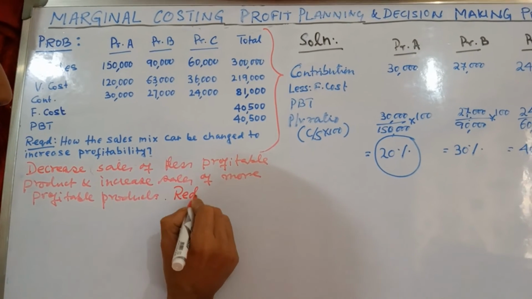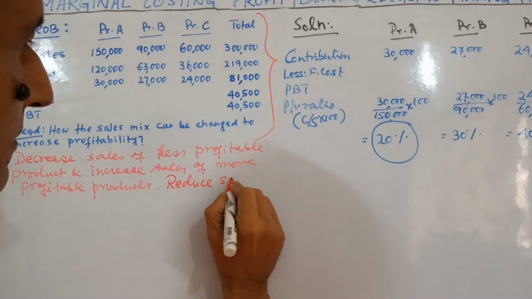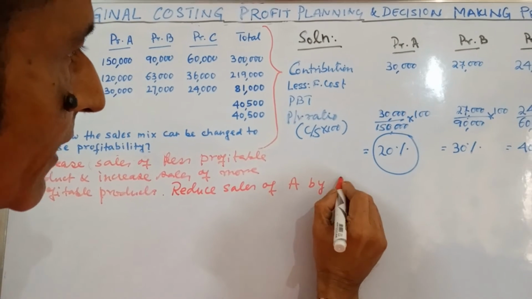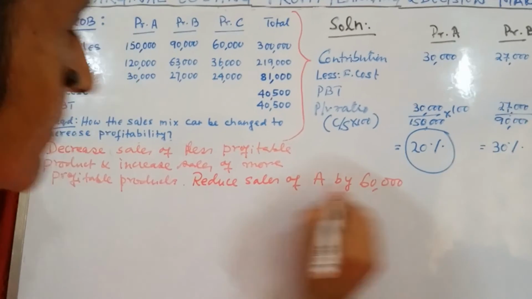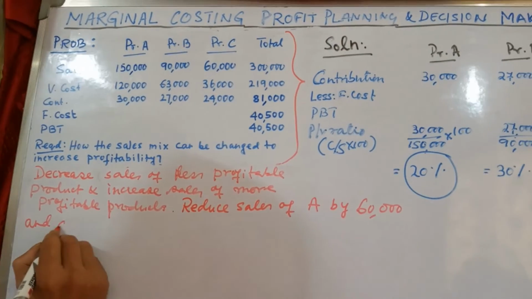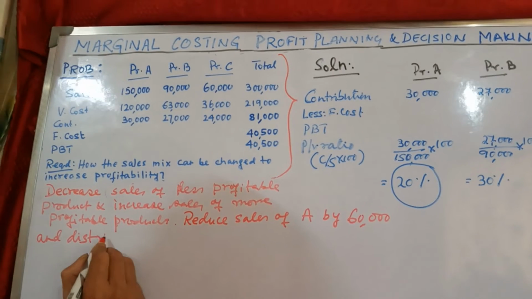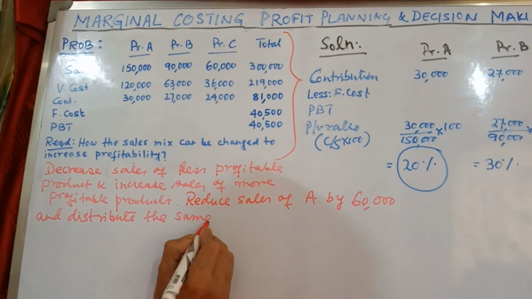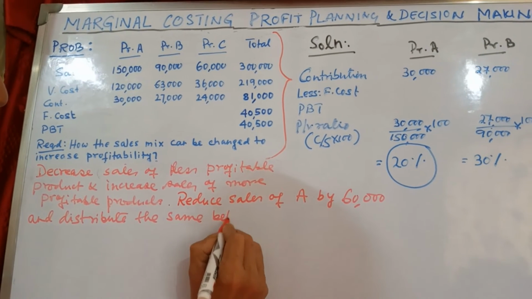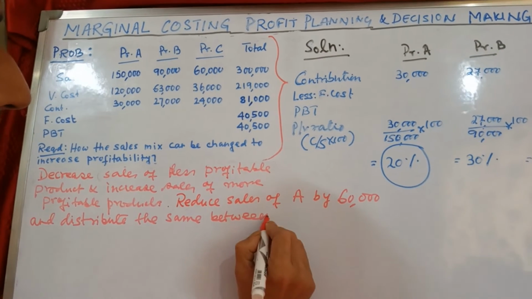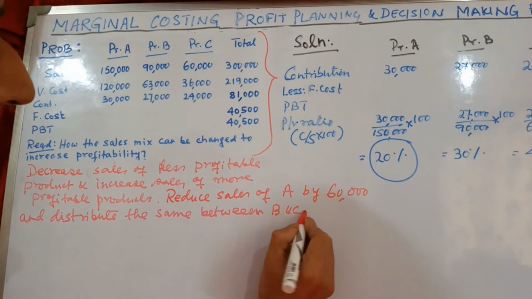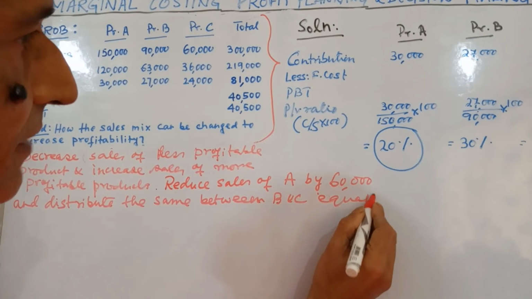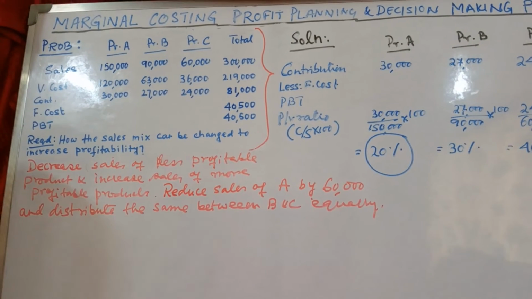So the management now contemplates to reduce sales of A by 60,000 and distribute the same between B and C equally. That means in equal ratio, 50-50.